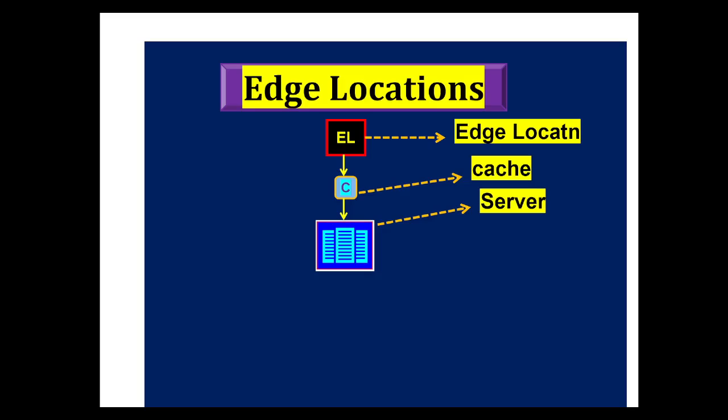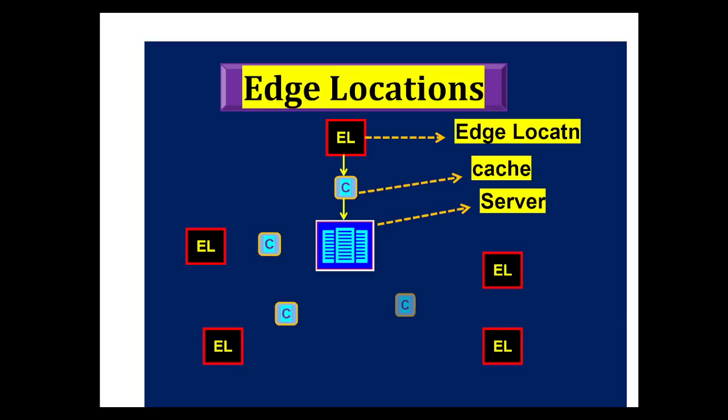Now any future request for the same content from a nearby user will be served faster from the cached data through the edge location. So let us understand some of the benefits of edge locations. It provides low latency and high performance worldwide, with reduced load on our main servers and improved scalability, especially during high traffic.